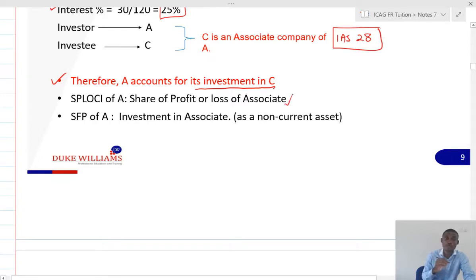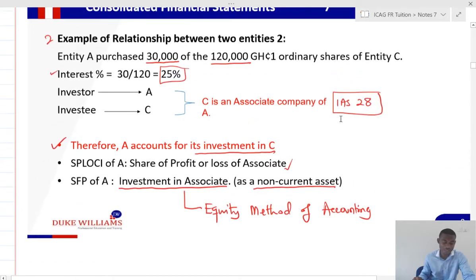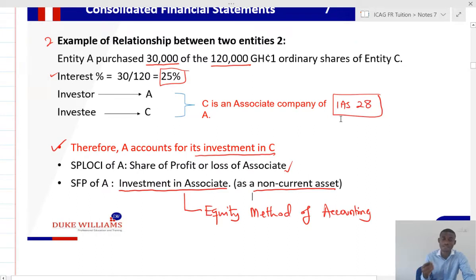Now, when it goes to the statement of financial position, we say that entity A would account for its investment in associate, and the investment in associate, we call it the equity method of accounting, or sometimes we say A should equity account for C. This investment in associate will be under non-current assets, and the investment in associate is just how much was the cost of investment, how much A paid to acquire the 30,000 shares, plus the share of profit.